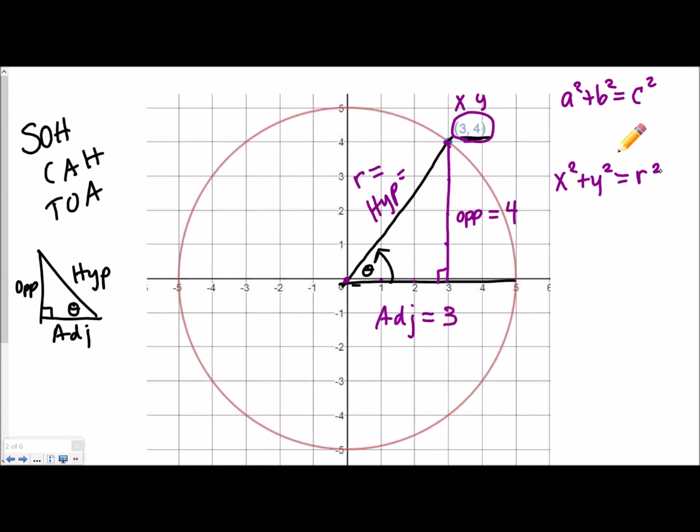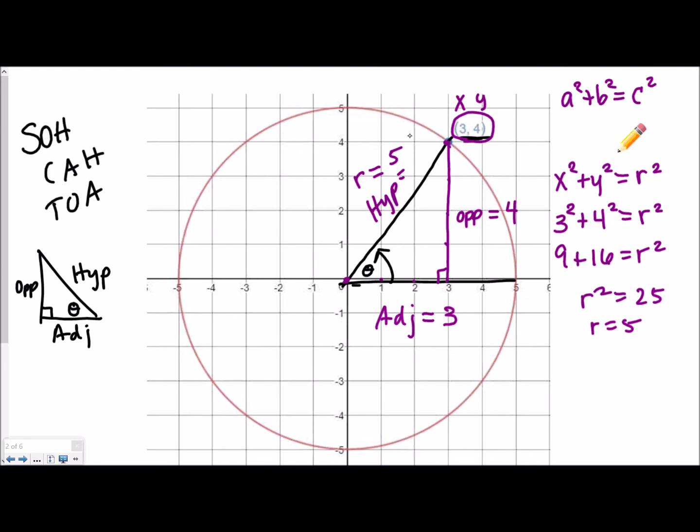The only reason we change those letters is to remind us that we're now on a coordinate system so that we can pull this trick with any angle on a circle. All right, so 3 squared plus 4 squared equals r squared. R squared equals 25, which means r equals 5.